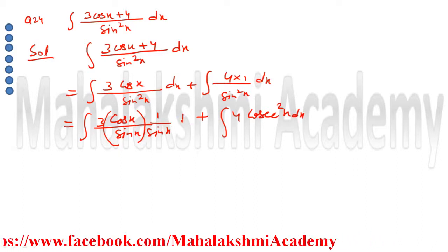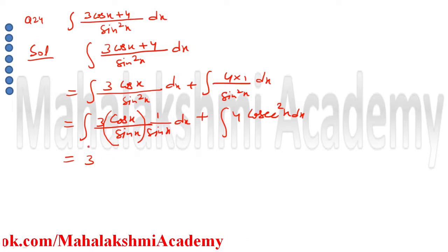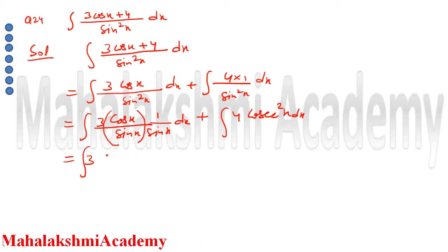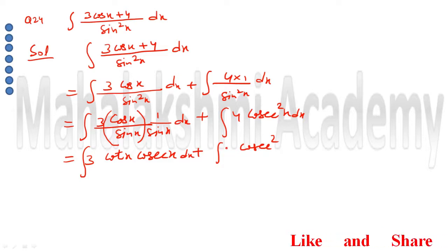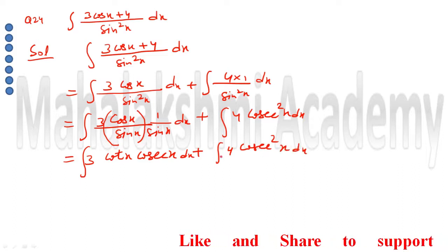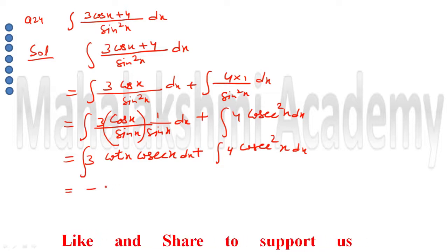So it is going to be the integration of 3 cot x cosec x dx, plus 4 cosec square x dx.